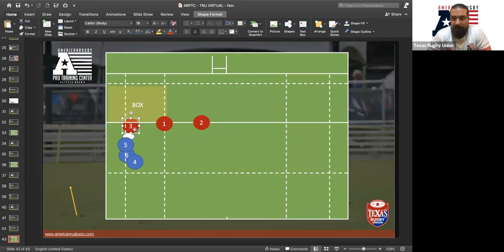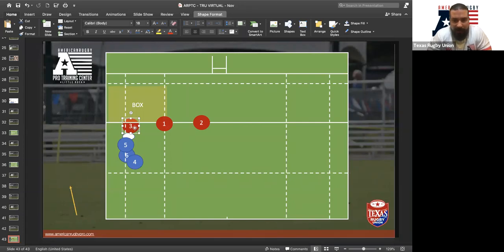If it takes us 5 or 6 seconds to compete for the ball, what's probably going to happen to the 2 defensive lines or the 2 attacking lines? They'll be organized, they'll be in shape, and they'll be ready to counter.